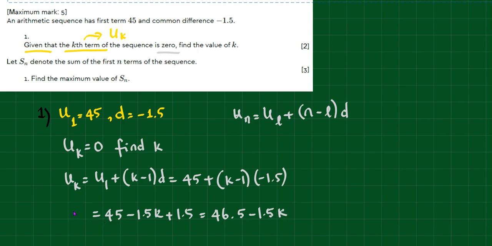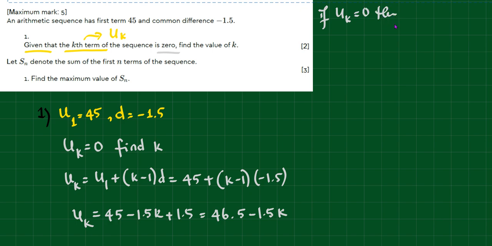In the question, we say Uk equal to 0 and find k. So we let Uk be 0.